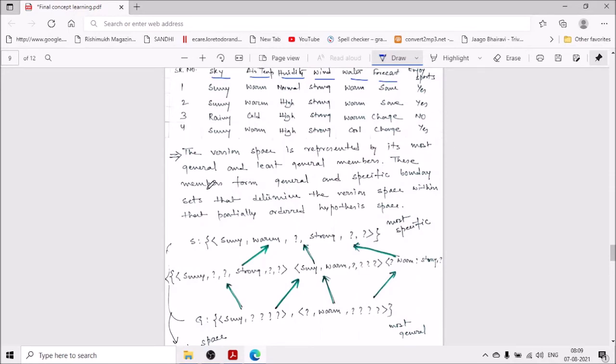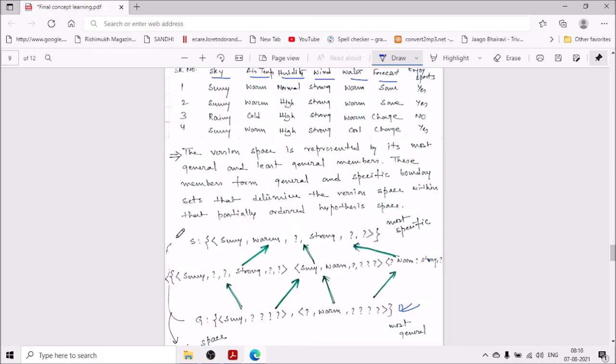The version space is represented by its most general and least general members. This is our most general hypothesis. We will see how to identify this. For the sake of completeness of this version space, the version space is represented by its most general and least general members.